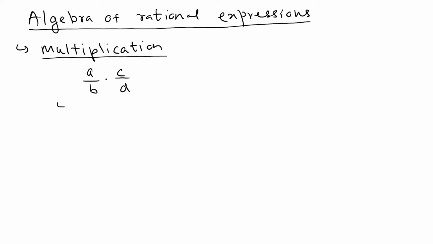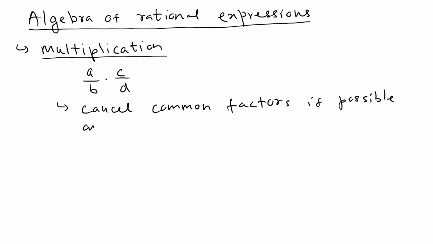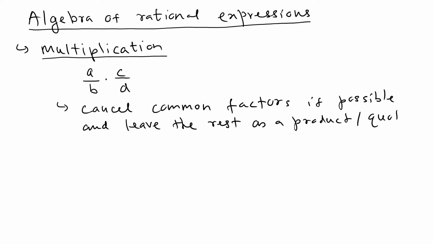So what we're going to do: cancel common factors if possible, and leave the rest as a product or quotient, depending on what we have.